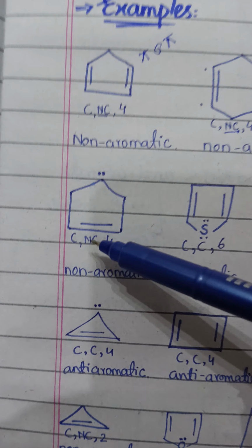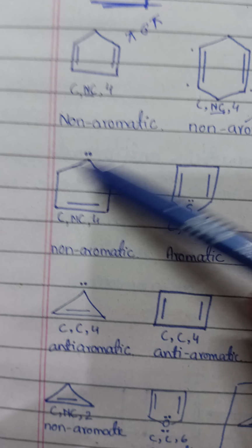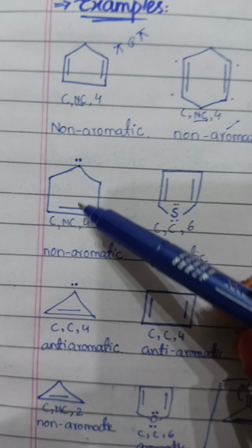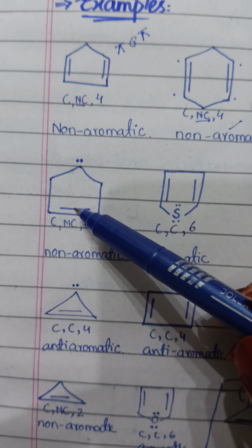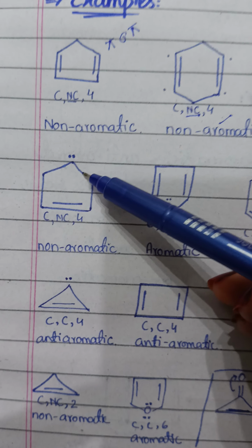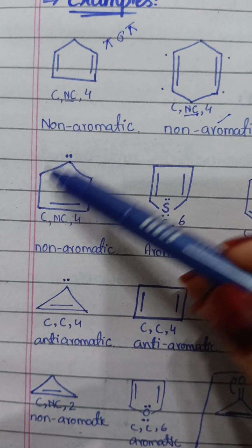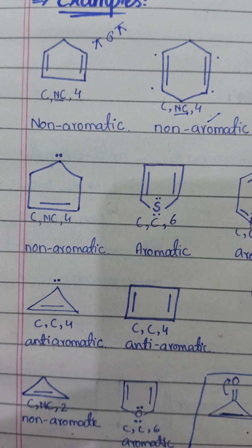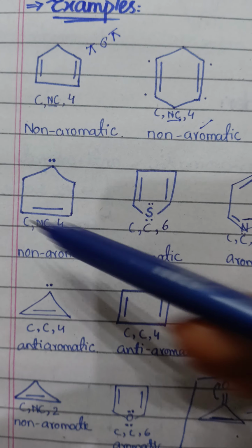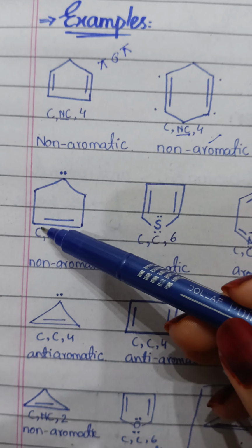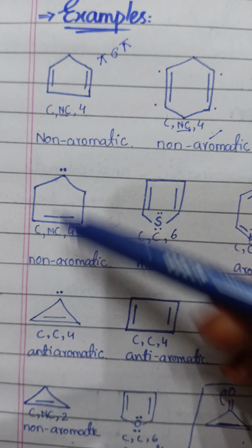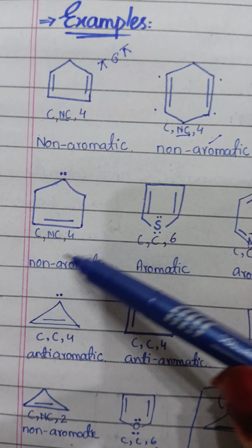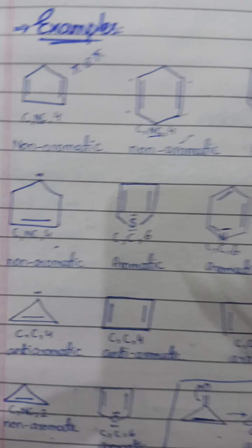So we have another structure. In this structure we have a cyclic structure, but no conjugation. For example, pi, sigma, sigma, lone pair, sigma, sigma, and pi. So we have no conjugation in it, and the number of pi electrons in it is 1, 2, 3, 4. So, due to non-conjugation, we consider this molecule as non-aromatic.